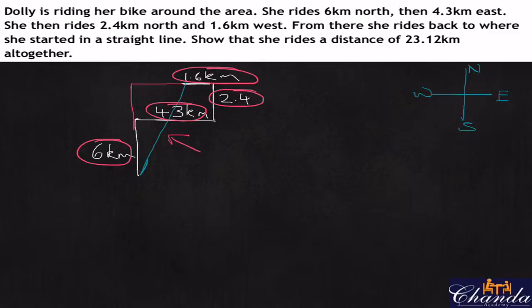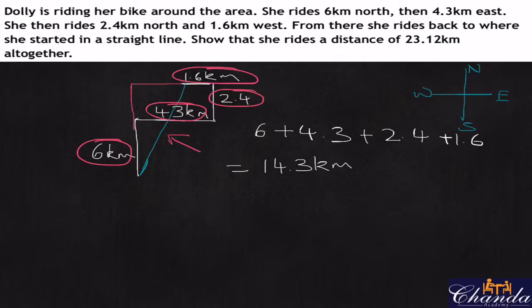So first, let's figure out the distances we already know. We have 6 plus 4.3 plus 2.4 plus 1.6, which gives us 14.3 kilometers. Then let's figure out what this blue distance is. So let's draw out this triangle separately.